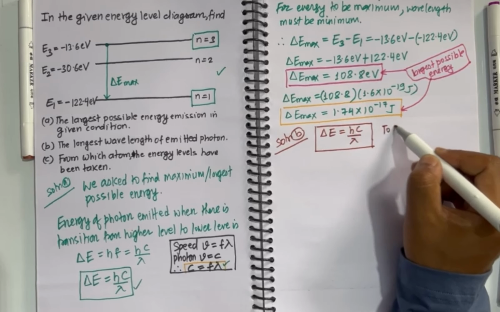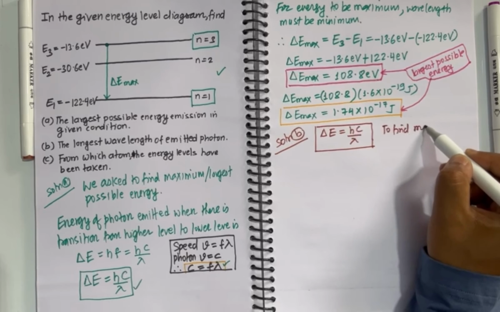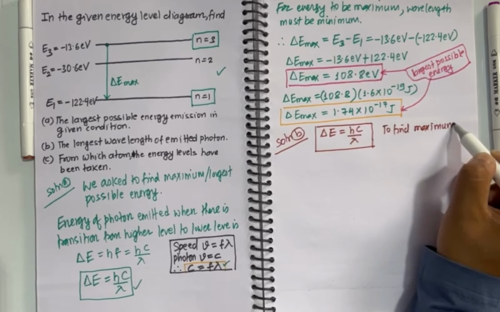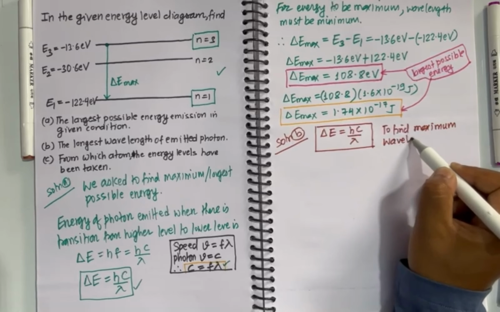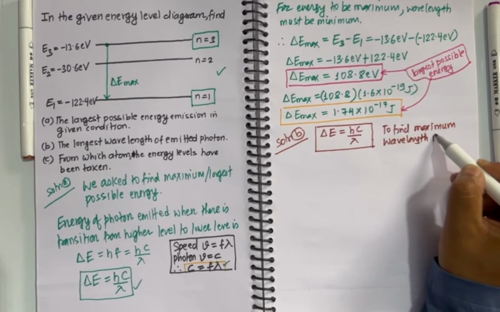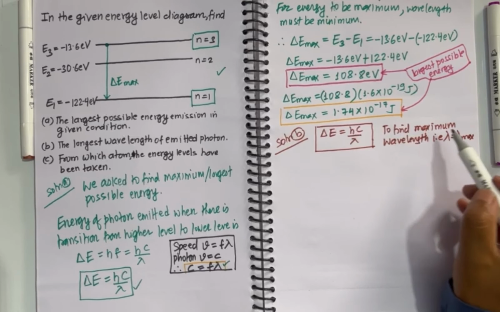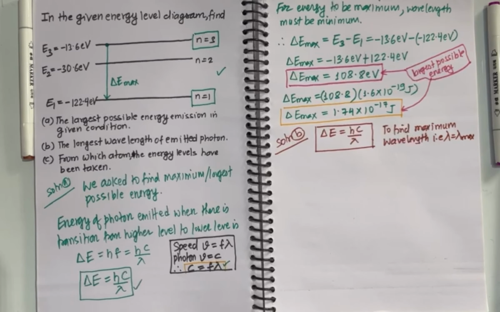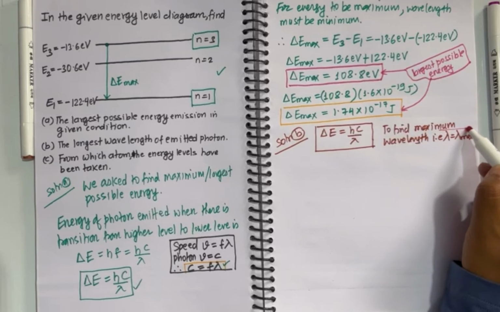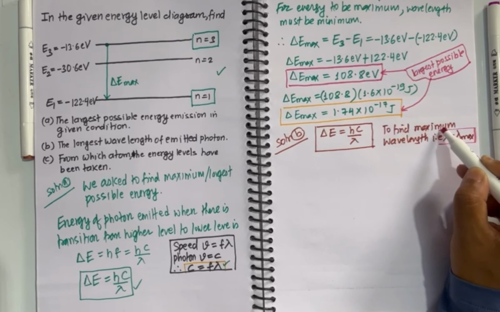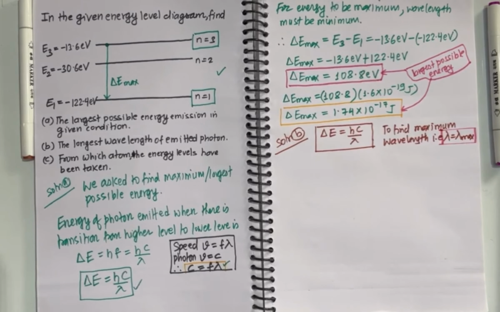So to find maximum wavelength, that is lambda equals lambda max, we need to note this.